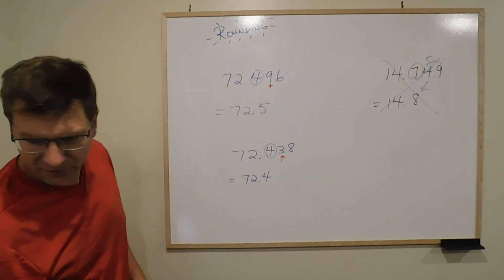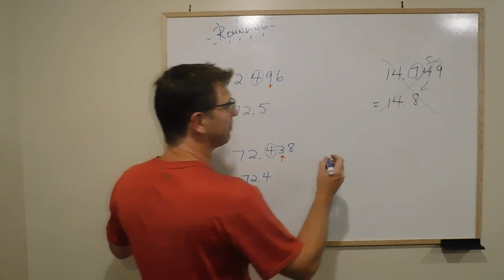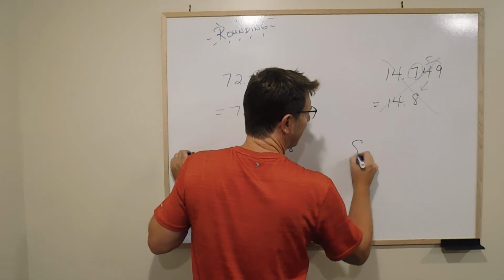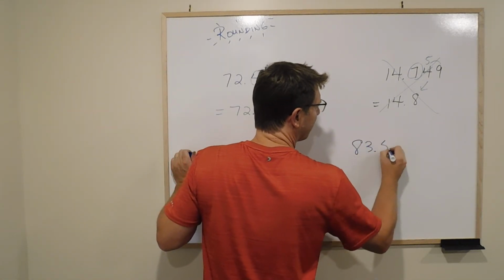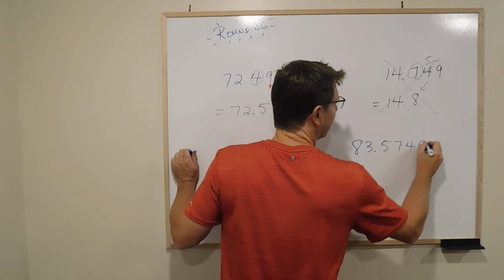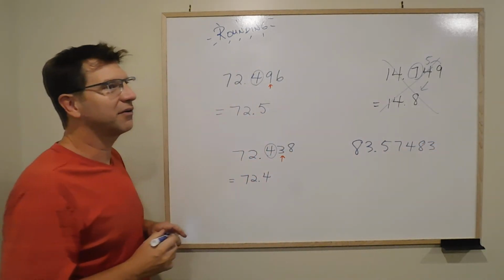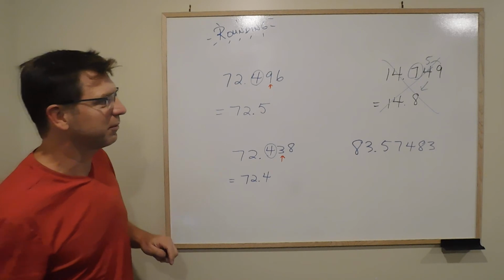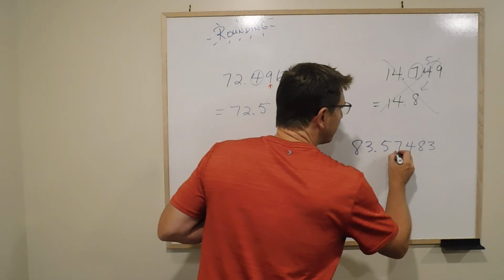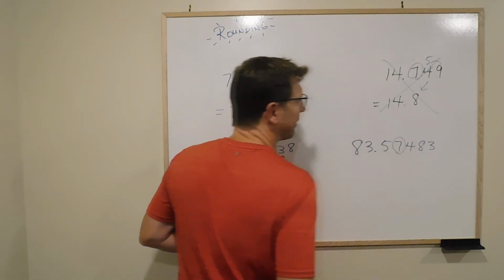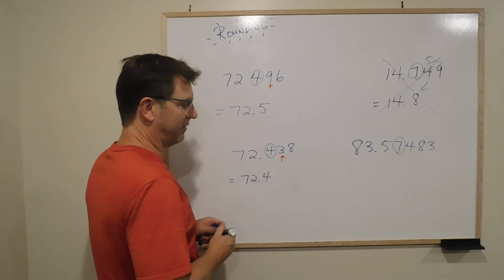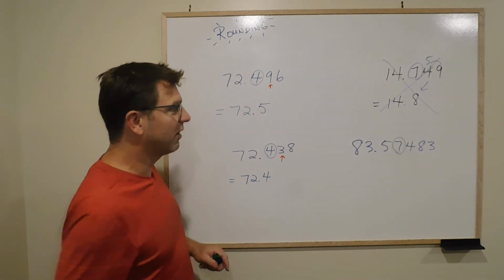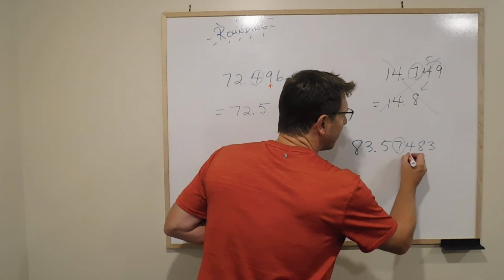Now, if I was rounding to 2 decimal places, let's say I had 83.57483, and I was asked to round to the second decimal place. So then I'm rounding to this decimal place, right? Well then, I am looking for what this number is.